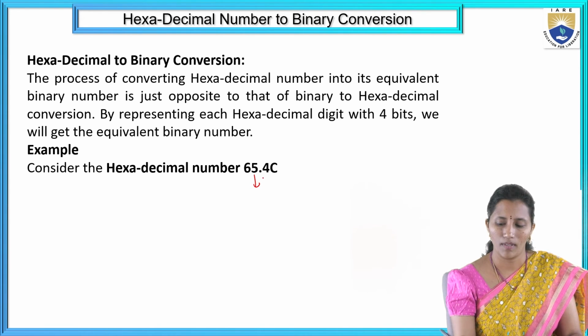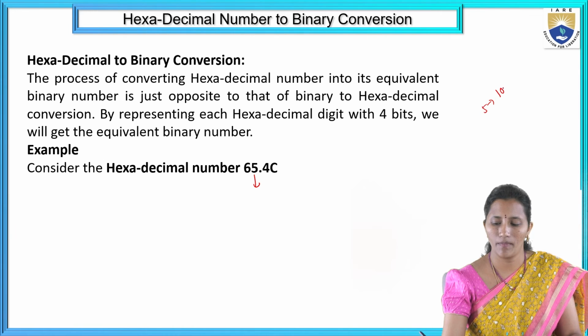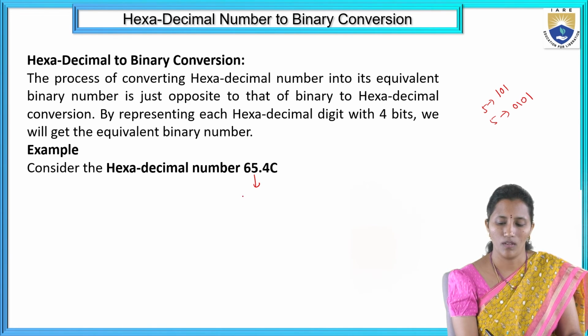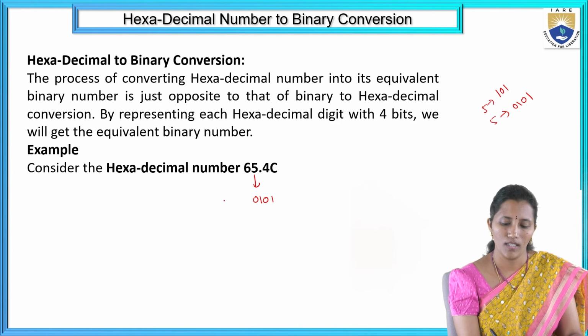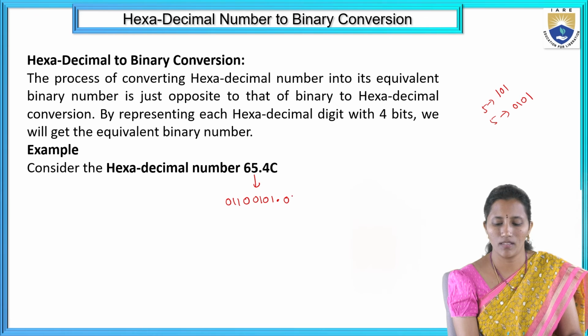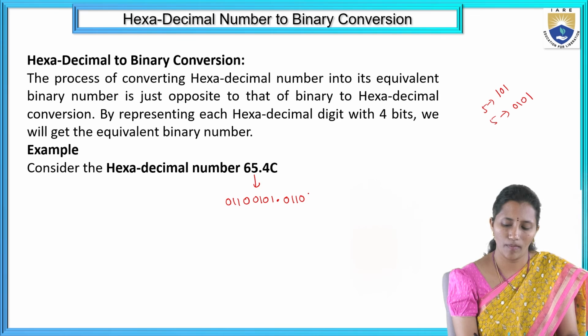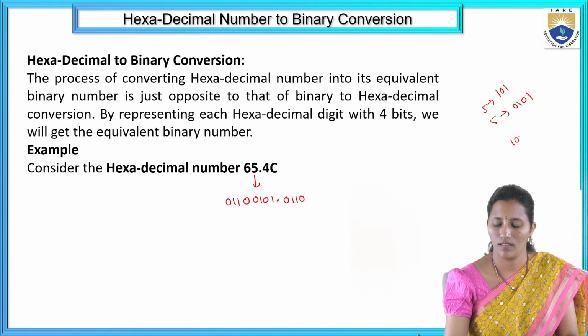So here, normally for octal, 5 we will write as 101. For hexadecimal we have to represent 5 in terms of 4 bits, 0101. So 0101, 6 is 0110, 4 will be represented by 0100.